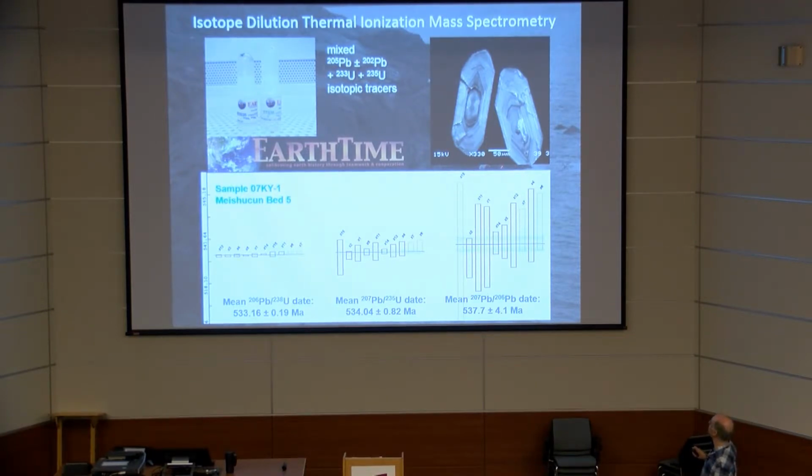So being able to take care of the lead loss was a major step in moving away from 207-206 lead-lead dates and upper concordia intercept dates, and focusing on 206-238 dates as the best chronometer for calibrating the geologic timescale. Almost all of the work we do in modern times for time-scale calibration and high precision work exclusively uses weighted mean 206-238 dates.